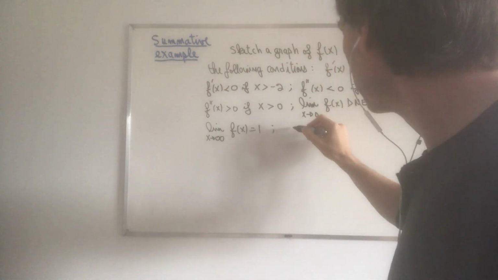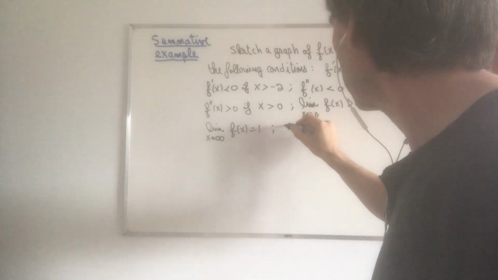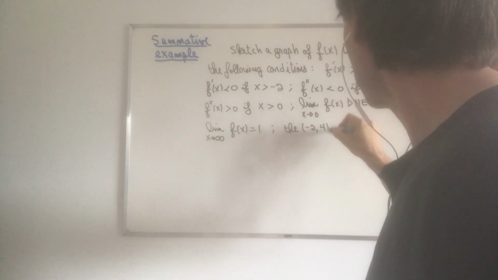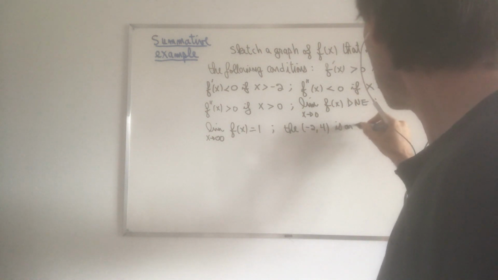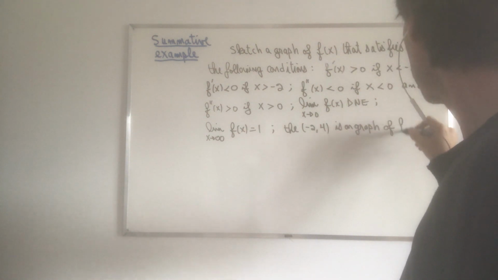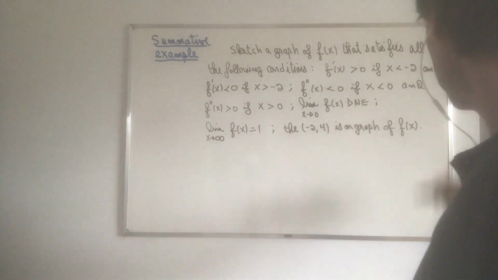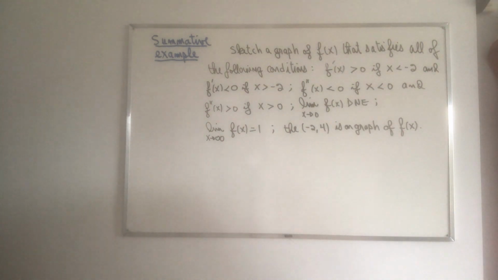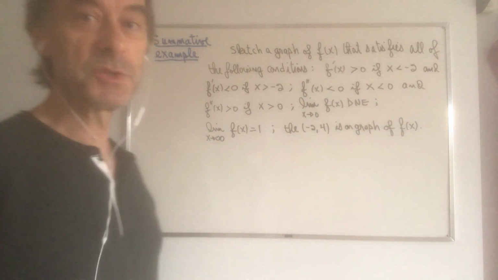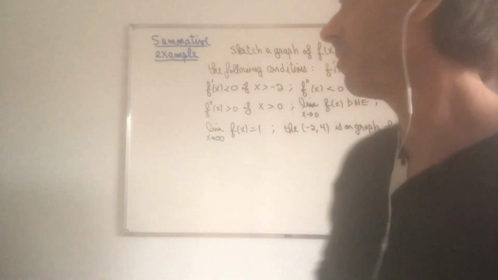And finally, I'm going to give you that the point minus 2, let's say 4, is on the graph of f of x. Wow, that is quite a bit of information, right? So let's see if we can sort of decipher this information here.